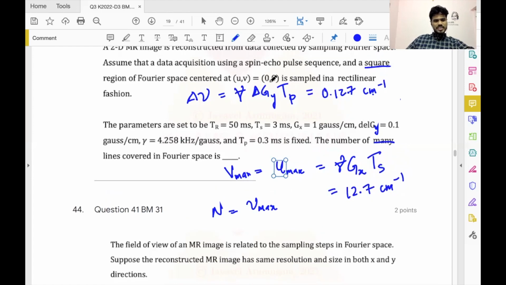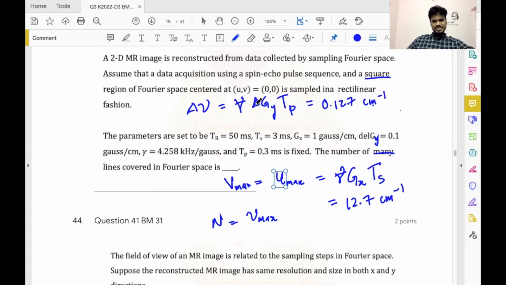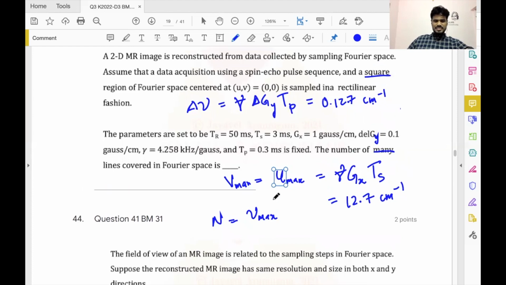So we are presuming, let's say, this V max minus V min divided by del nu. Let me not write it as mu max. There is a total change in frequencies. The length of the square region is a total change in frequencies. And so this is 100 or something like that, 101.